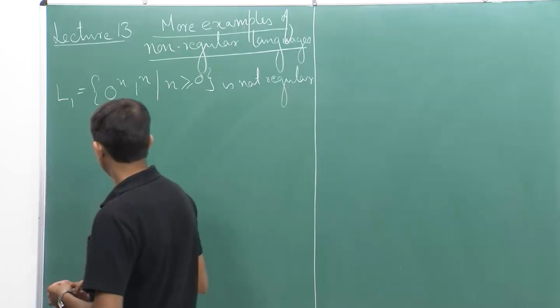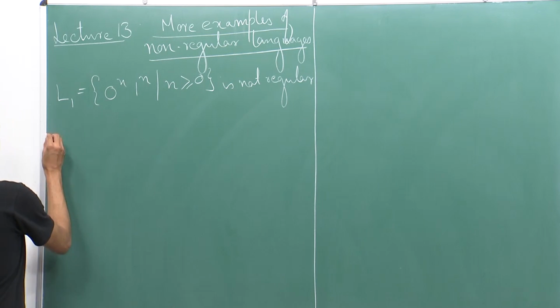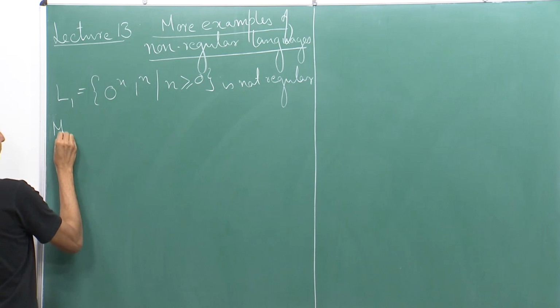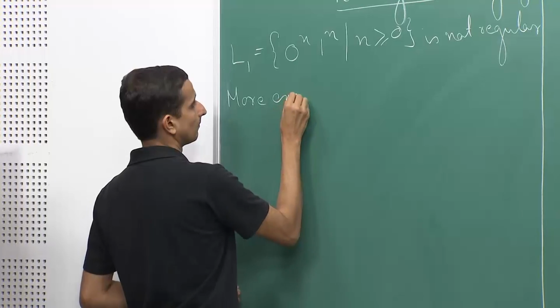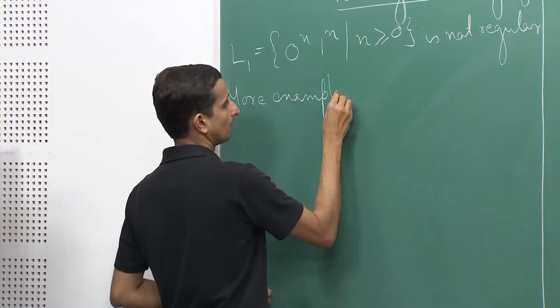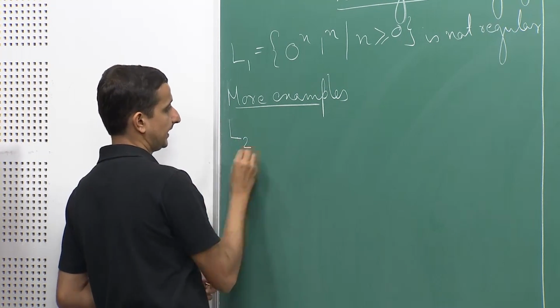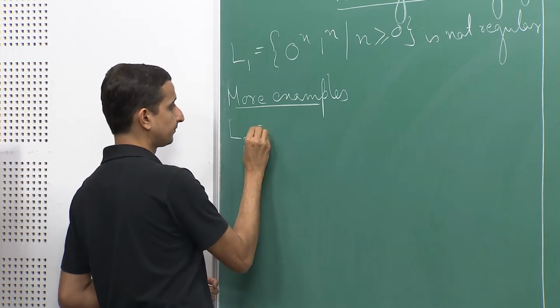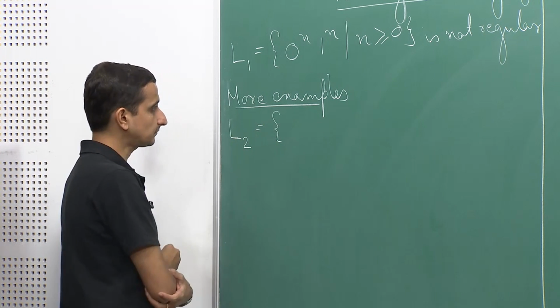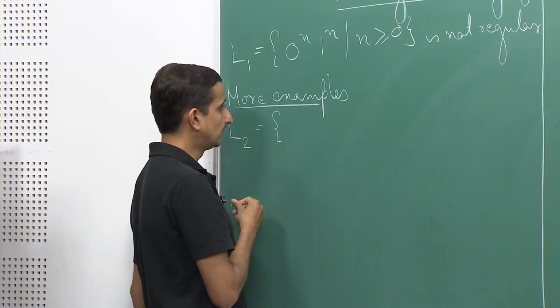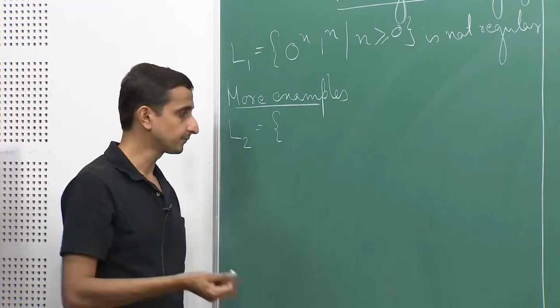So, the next example that we will see is the language L2. Let us take a language over the alphabet a, b, c.